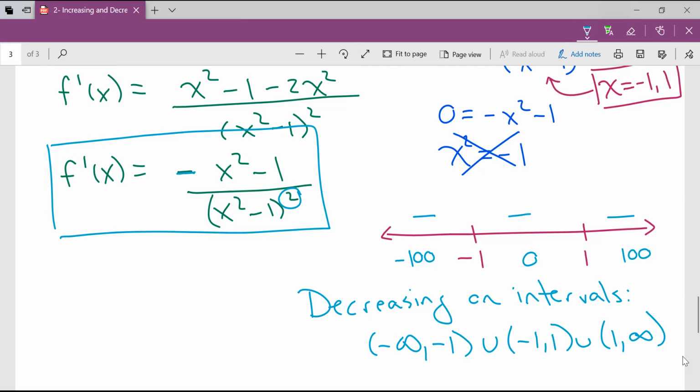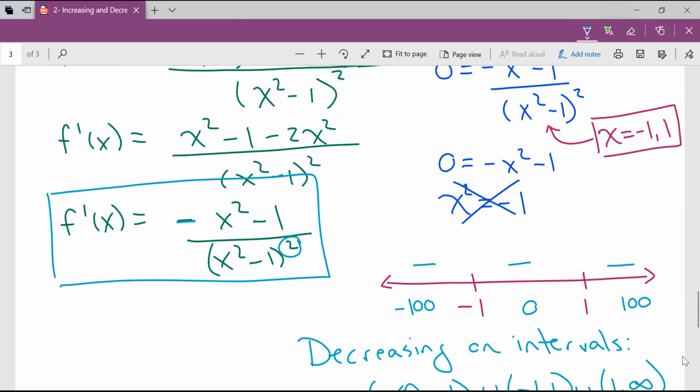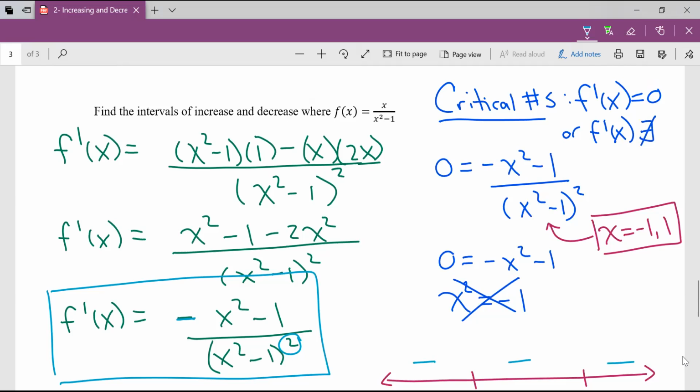Interesting. It's never increasing. This function is always decreasing. Well, what's happening at negative 1 and 1? If you want to think about that, let's go back to our original function. Those would be our non-permissible values. Those would be vertical asymptotes.